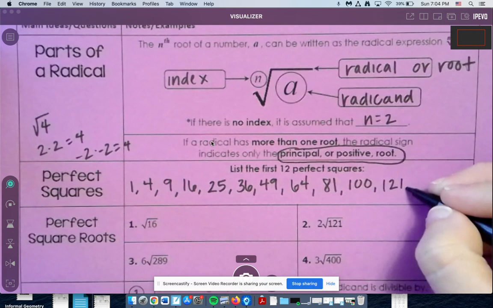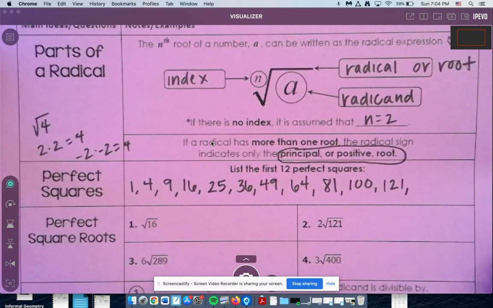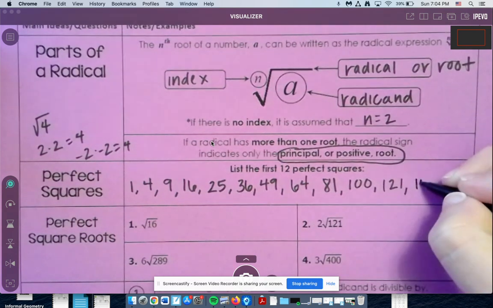Then our last one for our first 12, 12 times 12, 144.